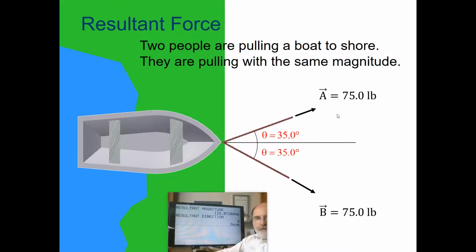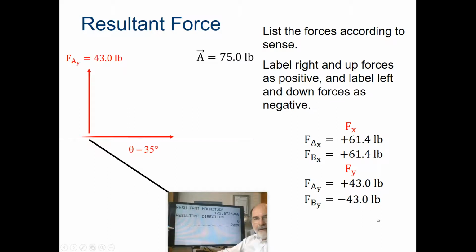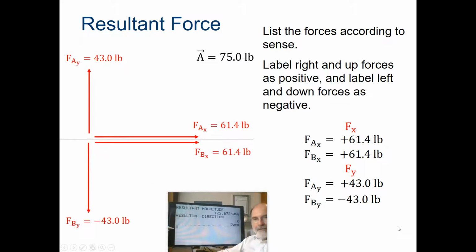All right, so back to the PowerPoint from Project Lead the Way, and they're going to the trouble of doing this algebraically, and they're resolving each vector into its two components. So person A was pulling 43.0 pounds north and 61.4 pounds east. Person B was pulling 43.0 pounds south, or if you like, negative north, and 61.4 pounds east.